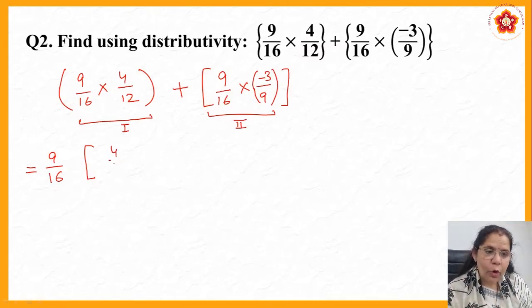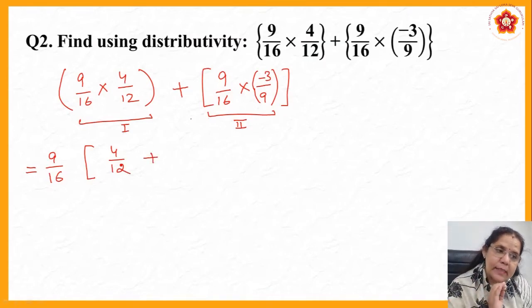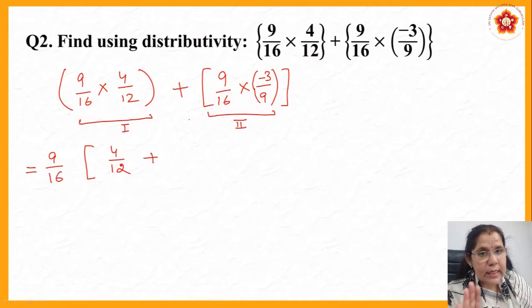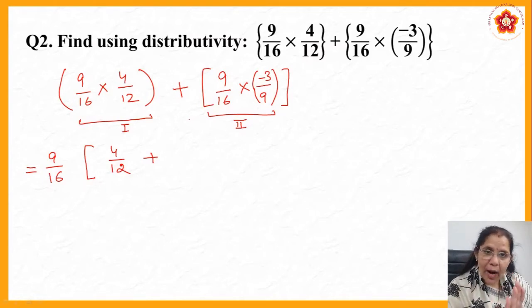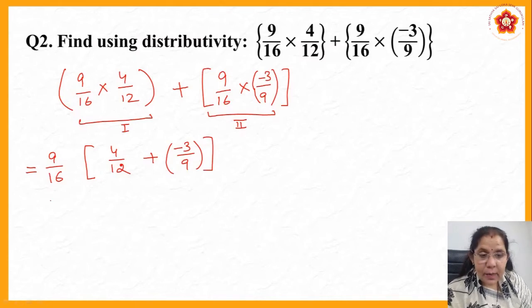It is 4 upon 12 that is left behind. There is a plus sign in between. Now same thing in the second bracket, 9 upon 16 has been taken out. What is left behind is minus 3 upon 9. It is inside the bracket.